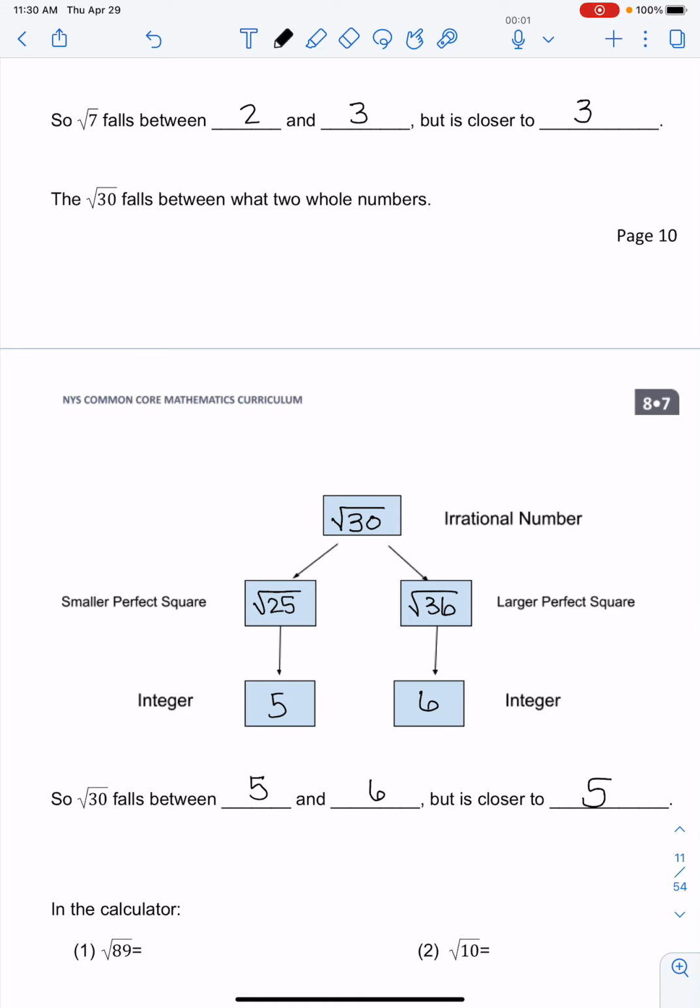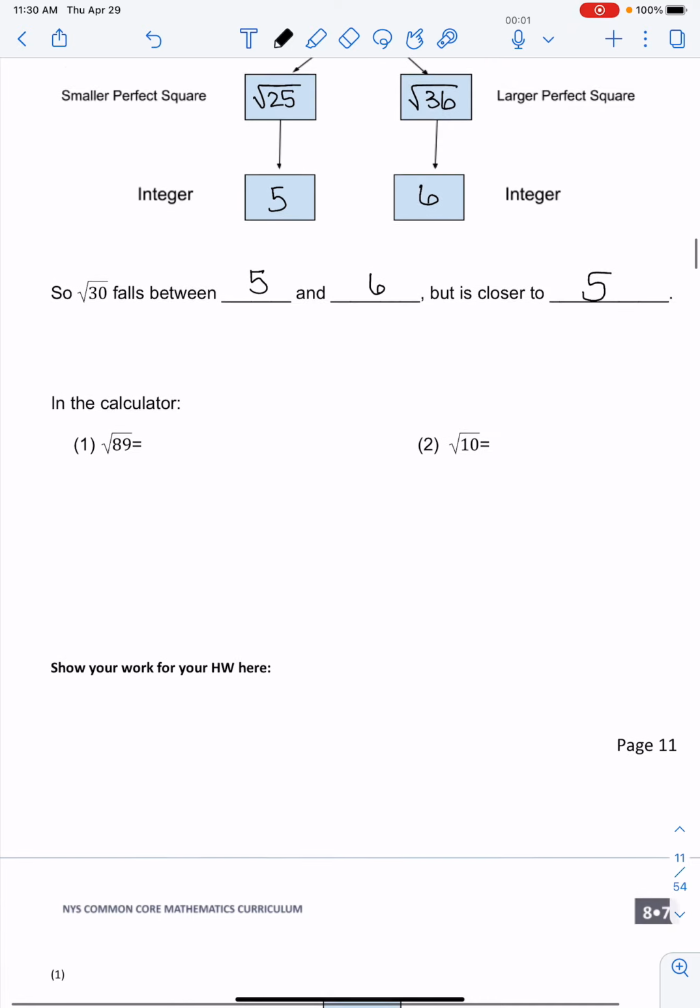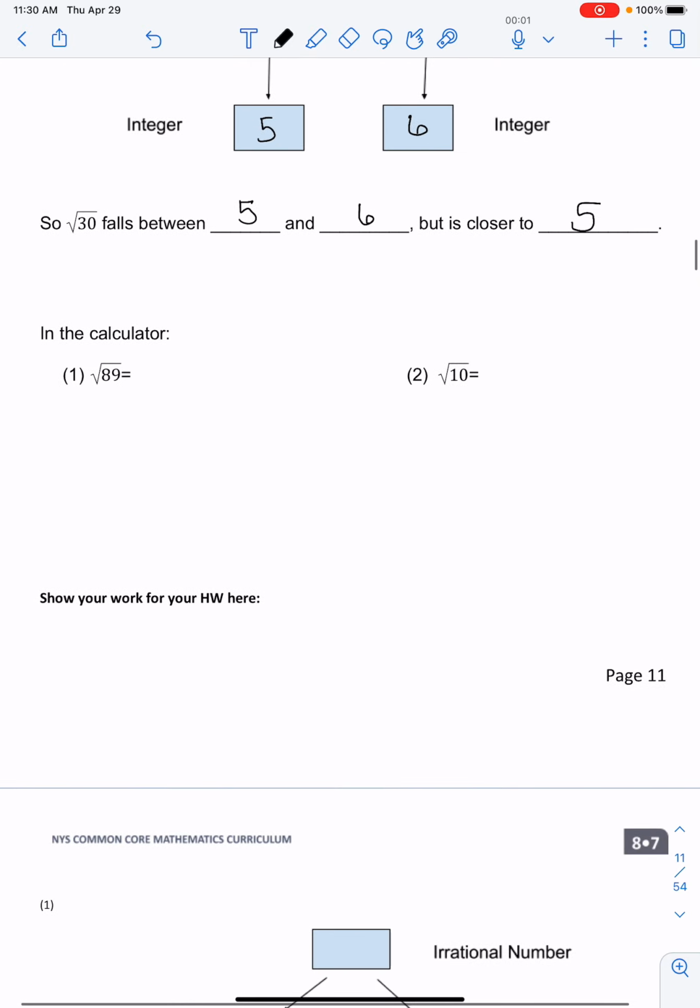The first one I'm going to look at says, in your calculator, what is the square root of 89?